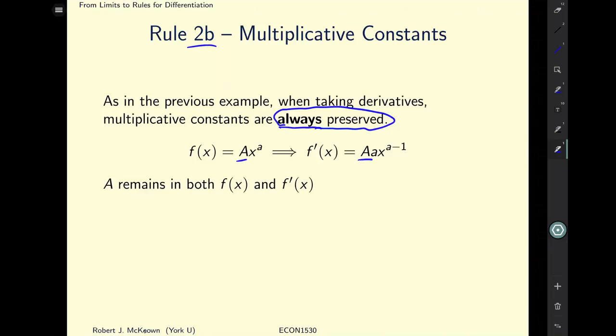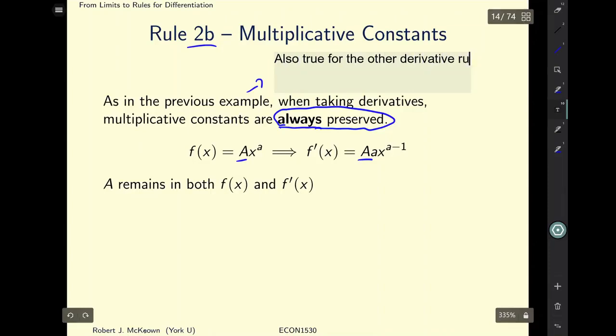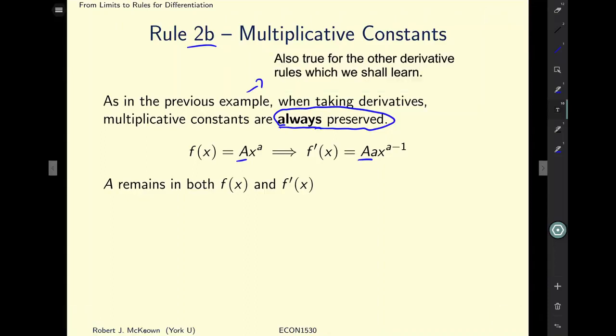But this is also true for the other derivative rules, which we shall learn. So it's always true, not just with the power rule, but with the other rules that we're going to learn in this series of videos.